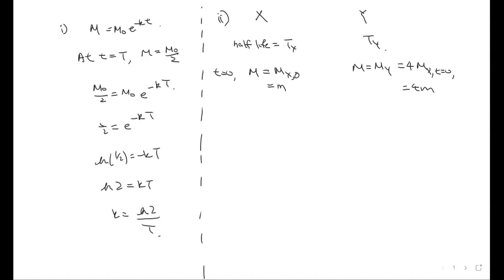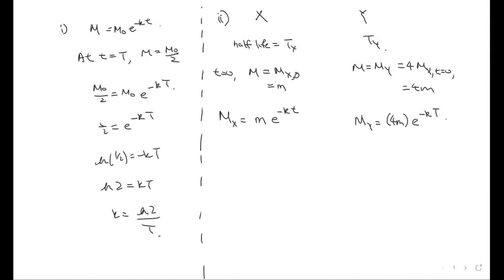So at any point in time, the mass of X is going to be m, representing the starting mass, times e to the negative kt. And the mass of Y would equal 4m e to the negative kt. Now, we can use part 1, because part 1 gives us, for a particular half-life, the k.